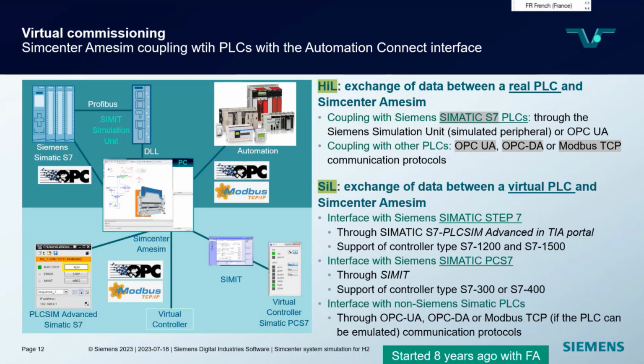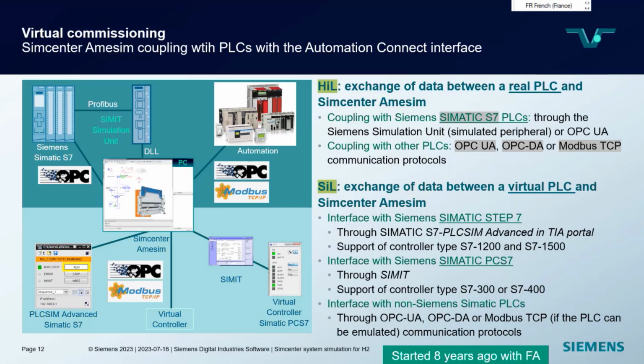The first one, HIL, is hardware in the loop. And in that case, you exchange data directly between the real PLC, so the physical PLC, and the Simcenter Sim digital twin, which is the model of the simulation system that you represent. And the second use case is the software in the loop, SIL. In that case, you make some emulation of the virtual PLC, and you connect with the digital twin in Simcenter Sim.